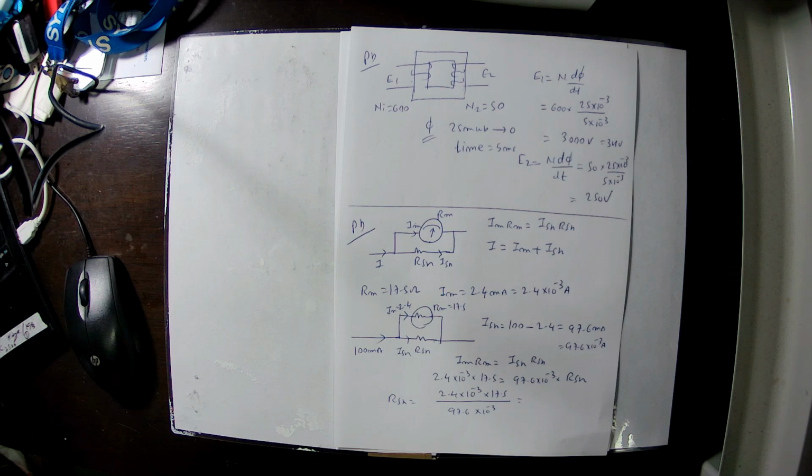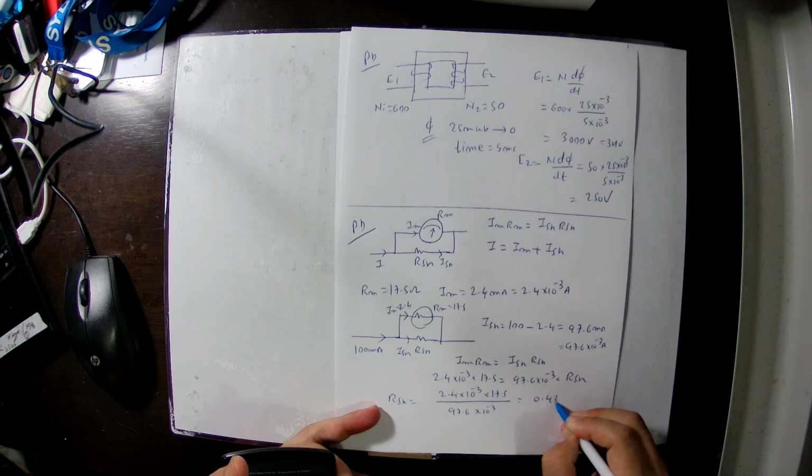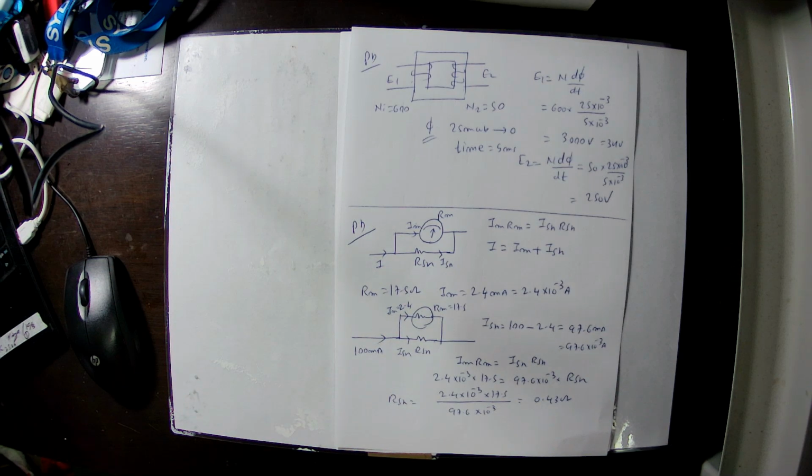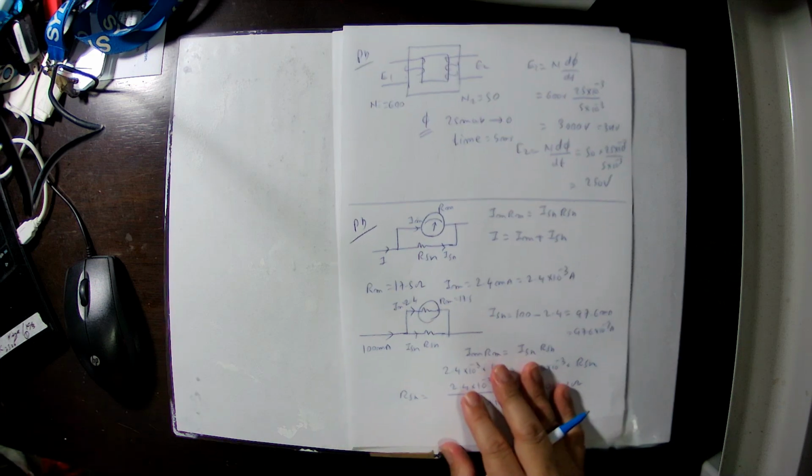So that will be 0.430. And now we also have to calculate the resistance multiplier to use the meter as a 100 volt voltmeter.